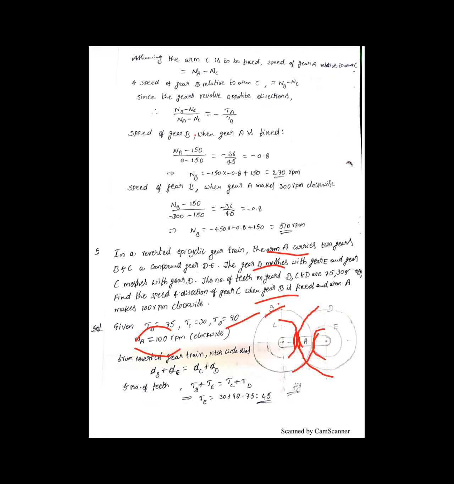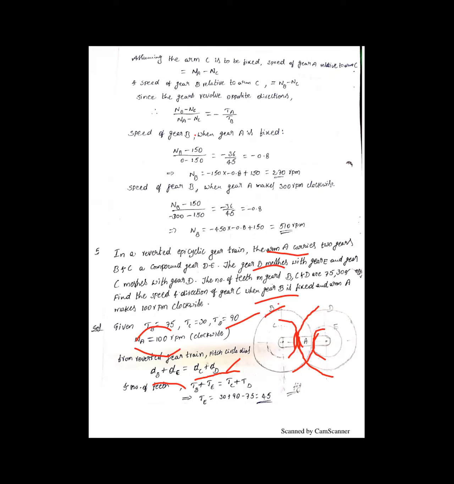To get the number of teeth on gear wheel E, you should write the equation. RB plus RE equals RC plus RD, from the radius point of view, or diameter point of view, which are equal.